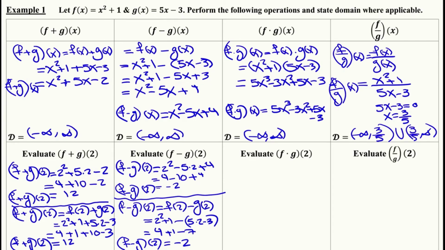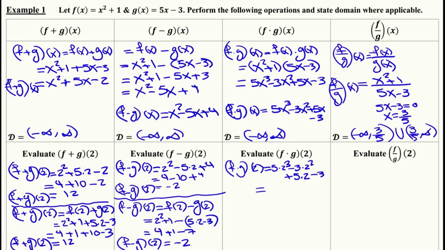So we can say f times g of 2 equals, wherever we see x in this expression, we're going to substitute 2. So we get 5 times 2 cubed minus 3 times 2 squared plus 5 times 2 minus 3.